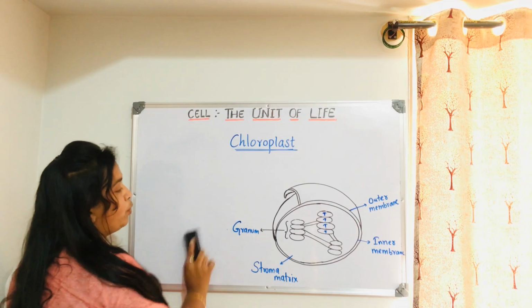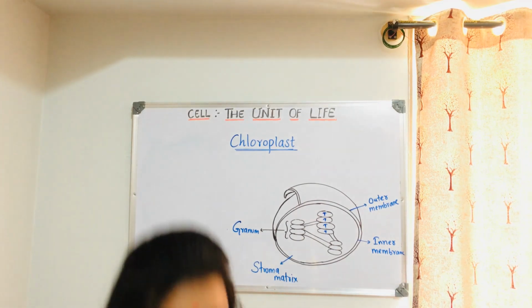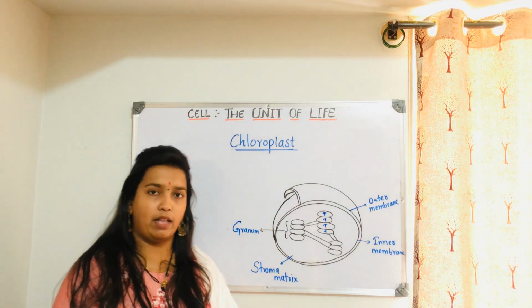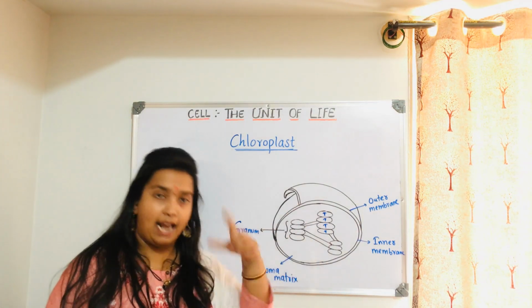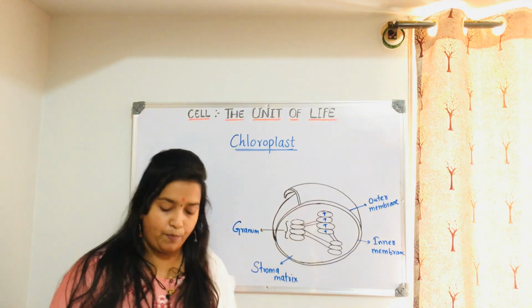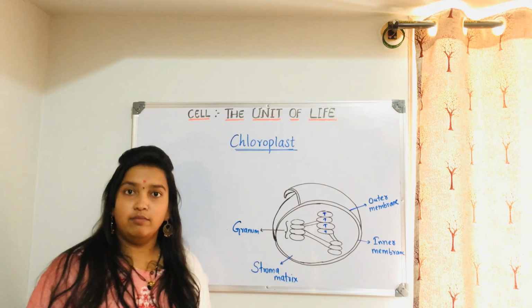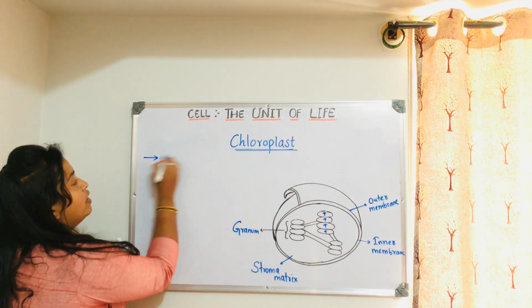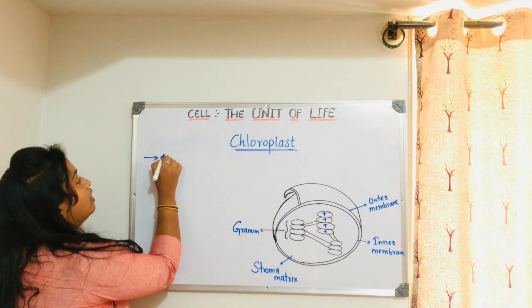The question arises, what is present in the stroma? You will say the stroma has all these grana, and they are connected also. You know these things. Other than this, what is present in the chloroplast? Other than these things, chloroplasts have enzymes.